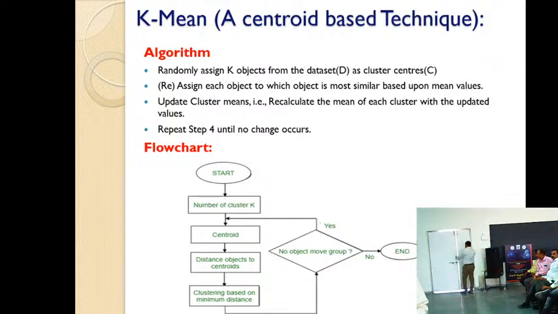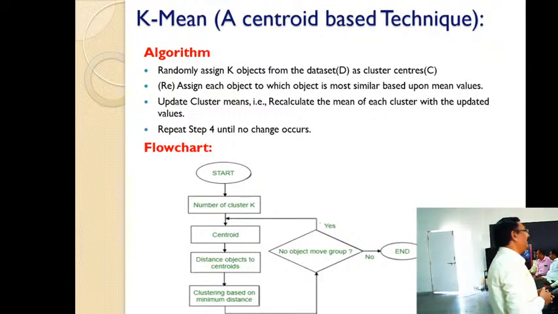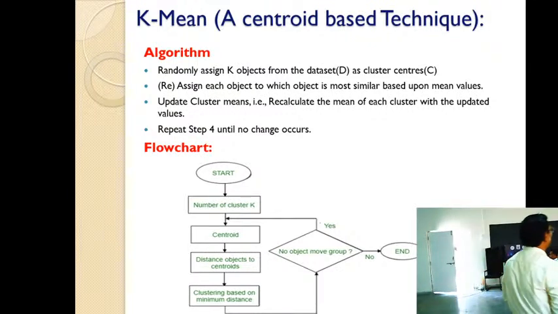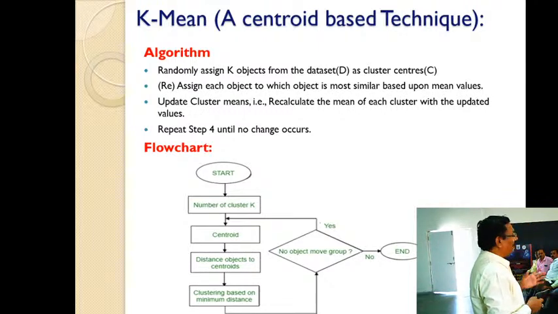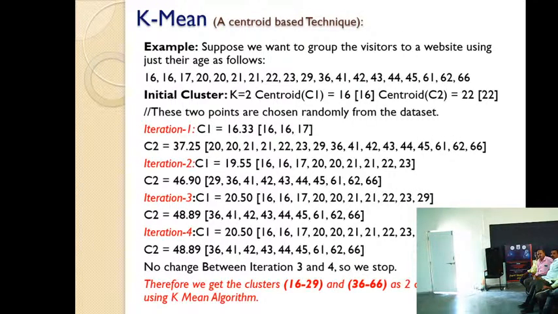This is one algorithm here based on k-mean, a centroid based technique. You can use this clustering algorithm to classify. This is just a flowchart of that one. Next, just try to look into a very simple example of how this k-mean is working.